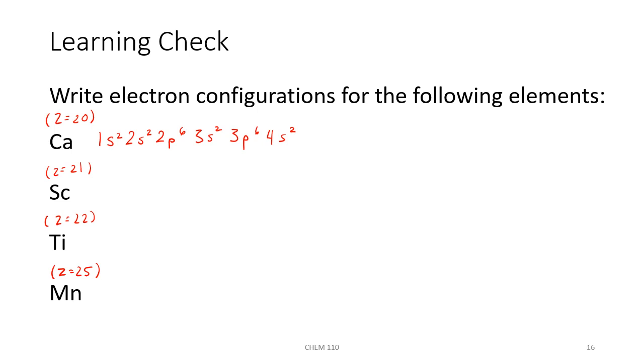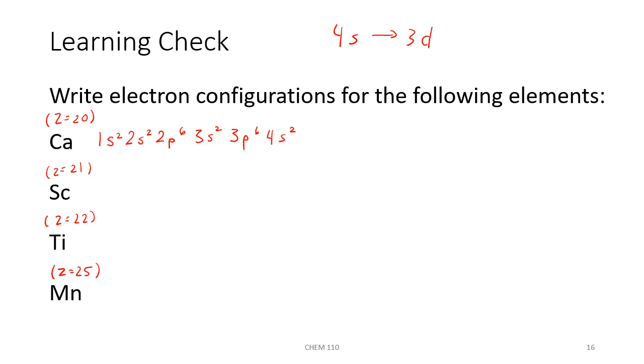Now for scandium, that's going to be the next electron. After the 4s is filled, the next that we fill is the 3d. So that next 21st electron is going to have to occupy the 3d subshell.